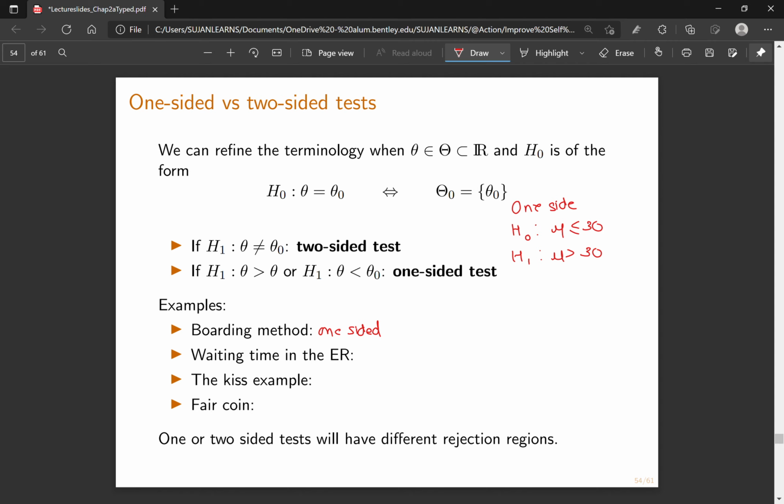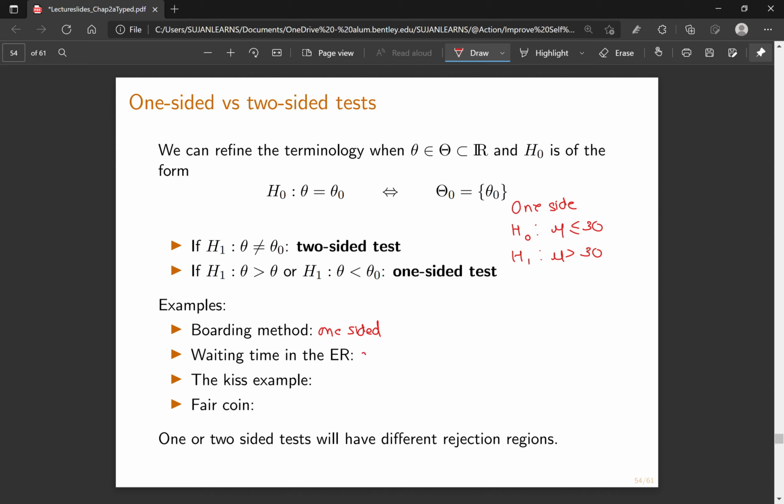And how about waiting time in ER? Is it one-sided or two-sided? What do you think? The waiting time in ER is one-sided again.